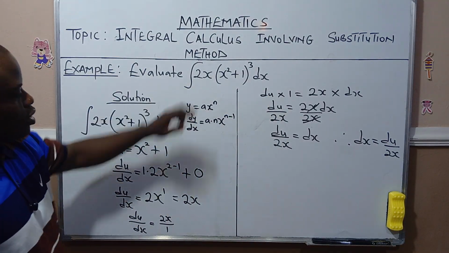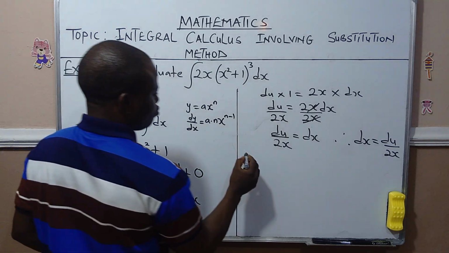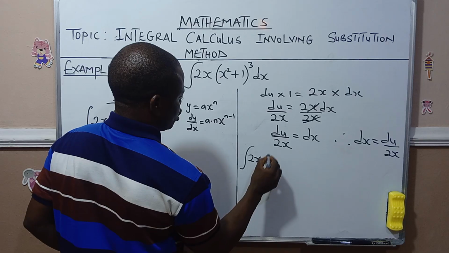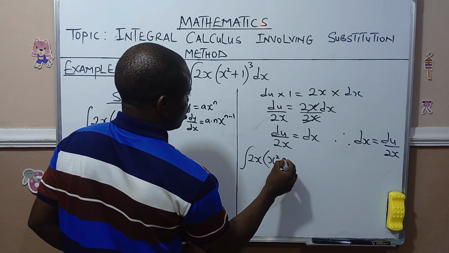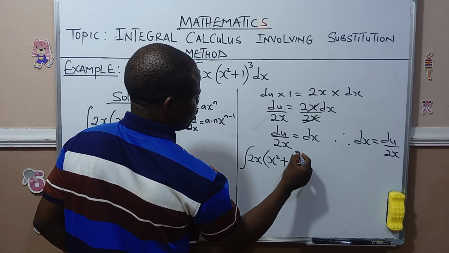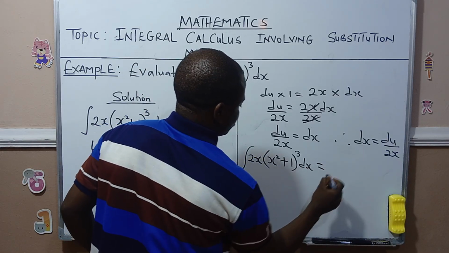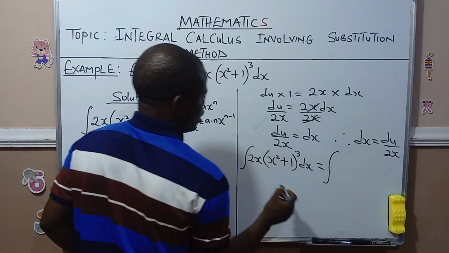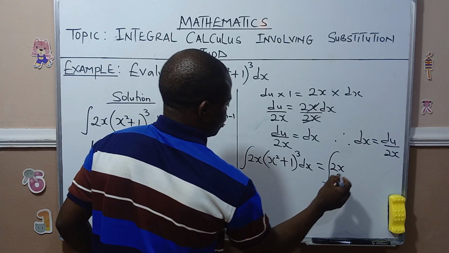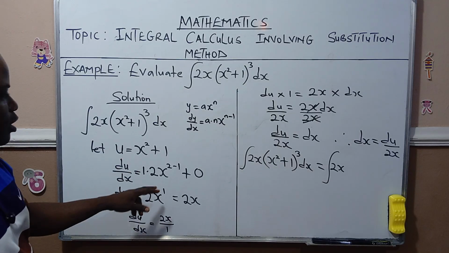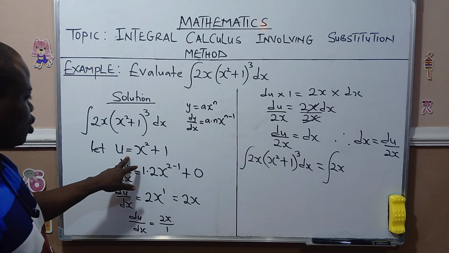Now let's go back to the integral question. The integral of 2x open bracket x squared plus 1 close your bracket raised to power 3 dx equals the integral of 2x. What do we use to represent x squared plus 1? It is u.